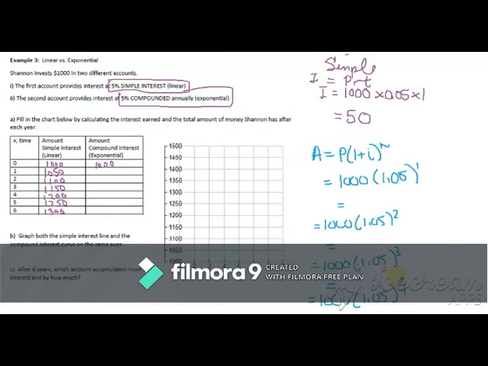Okay, so in the calculator, the first year, 1,050. Second year, 1,102.50.